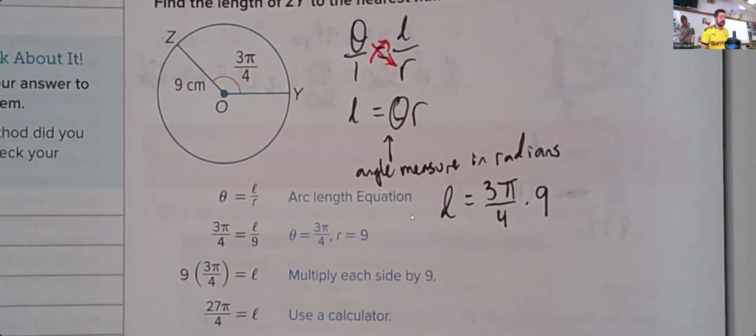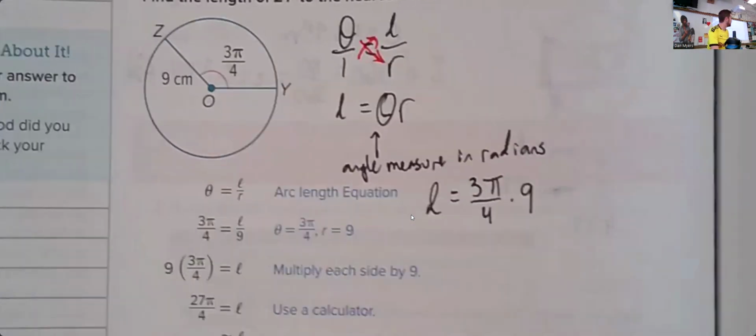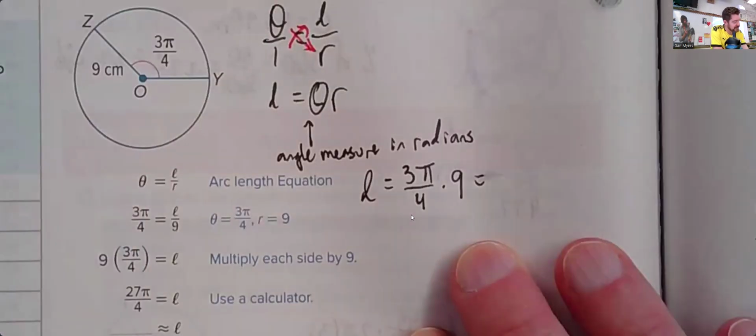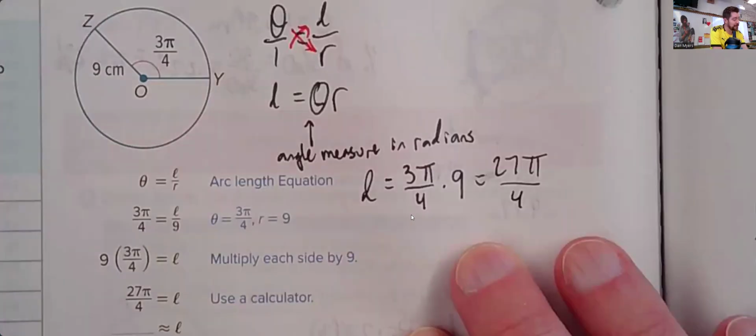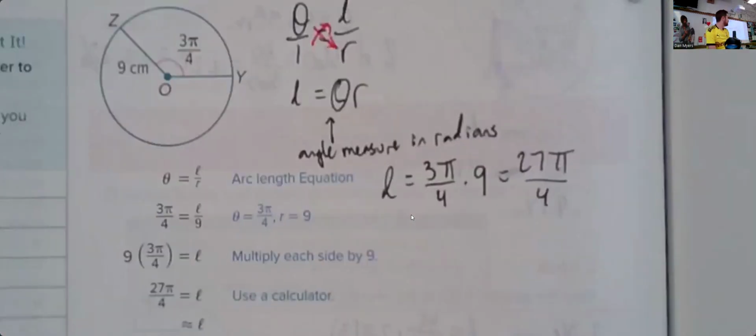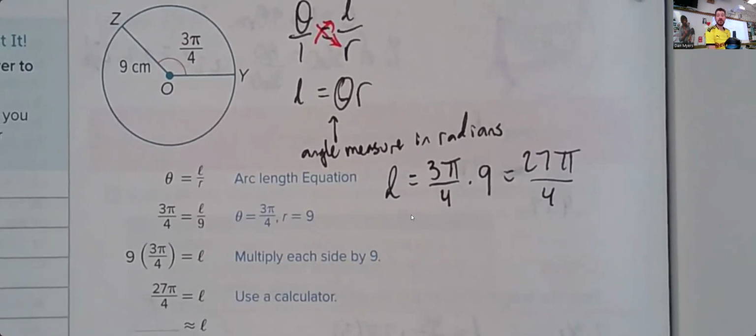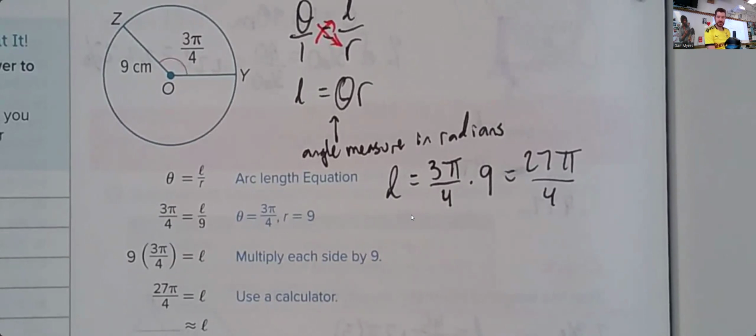And then we're going to approximate our answer. It says to round it to the nearest 100th. So we're going to end up with 27 pi over 4, which is about what? What's our approximate length? 21.2.